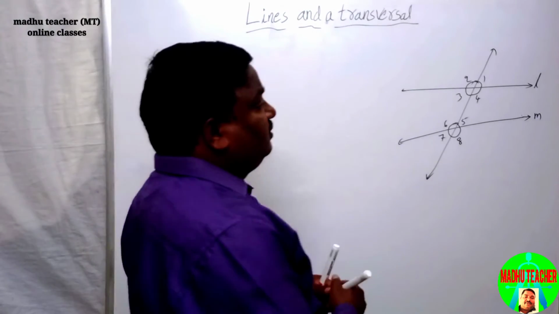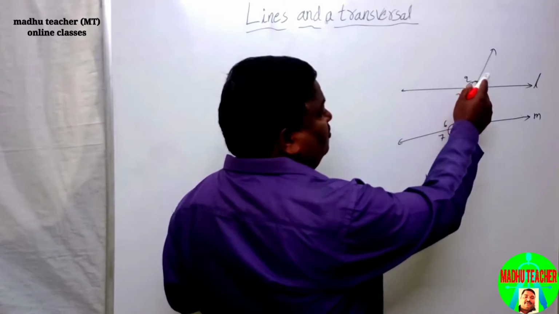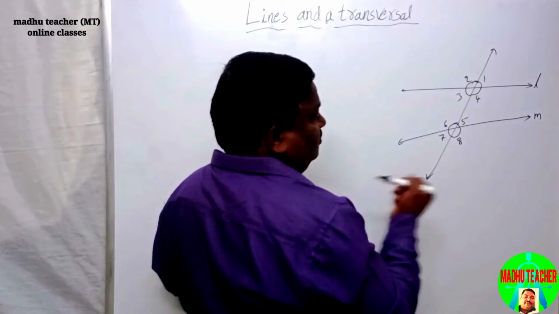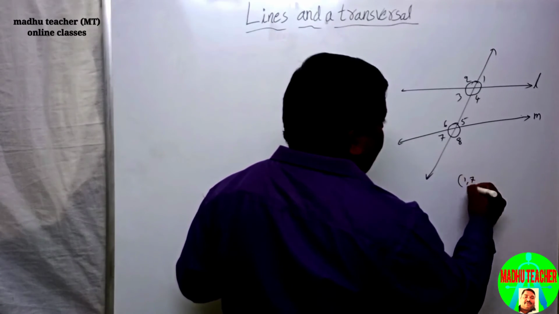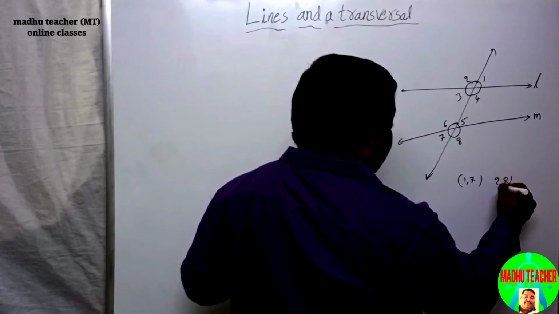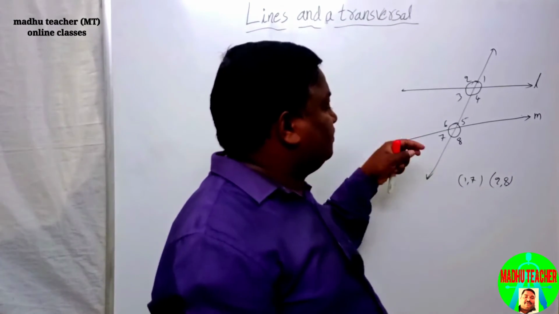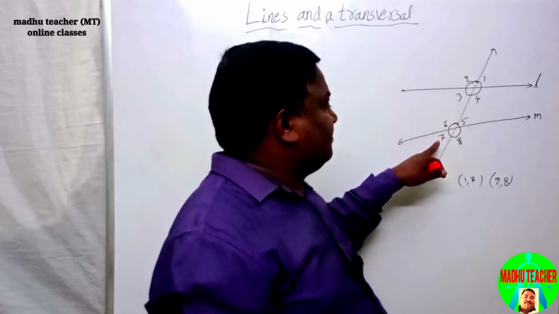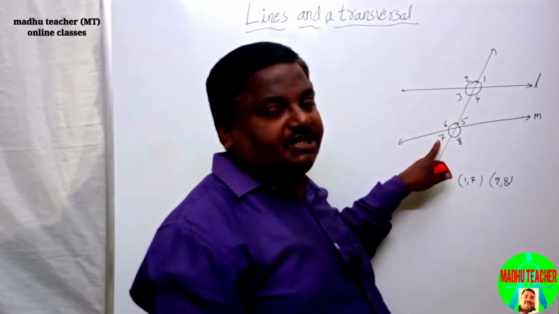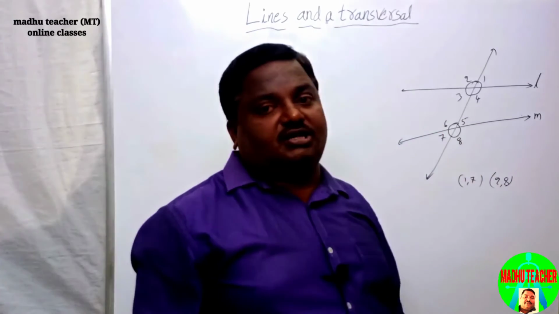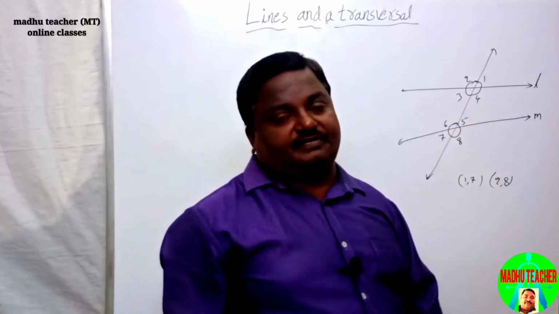Next, let us observe 1, 7 and 2, 8. Angles 1 and 7 are non-adjacent angles on either side of the transversal, and both are exterior.